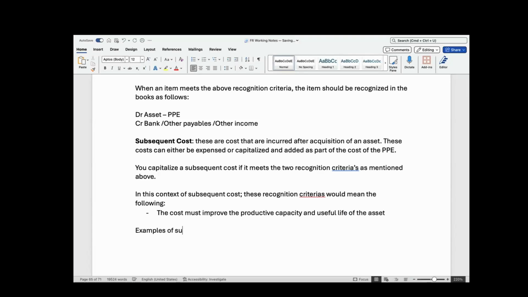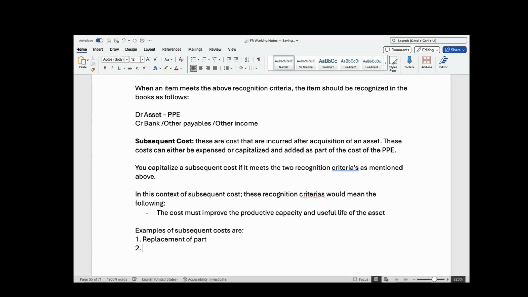So examples of subsequent costs are, number one, replacement of parts. So when you are replacing a part of an asset, that is a subsequent cost.